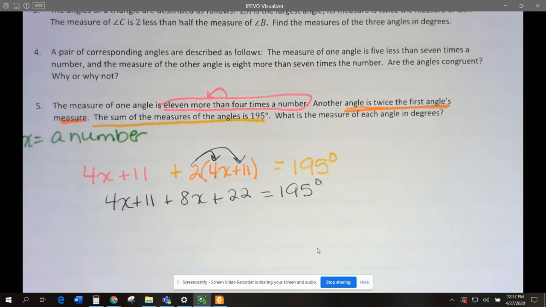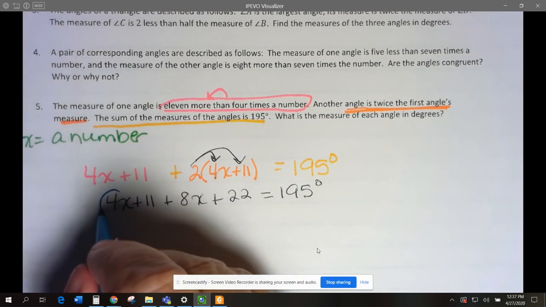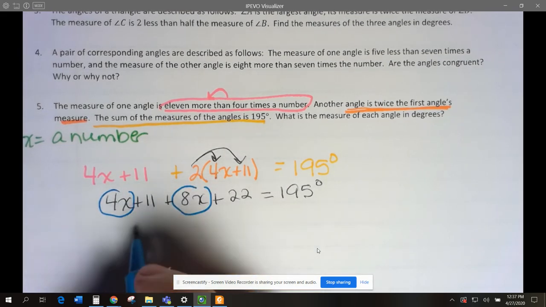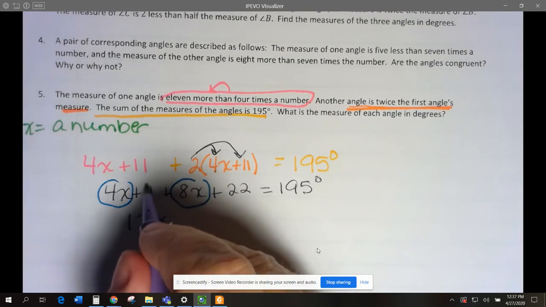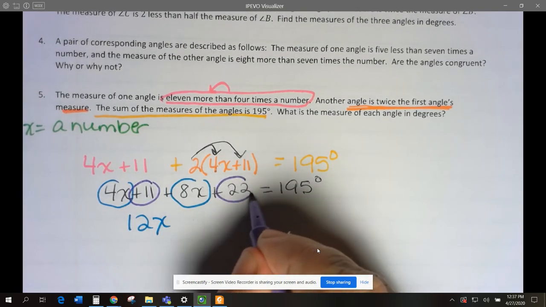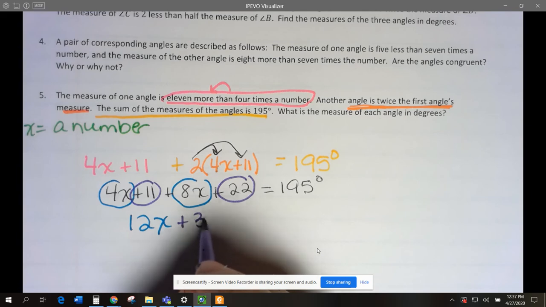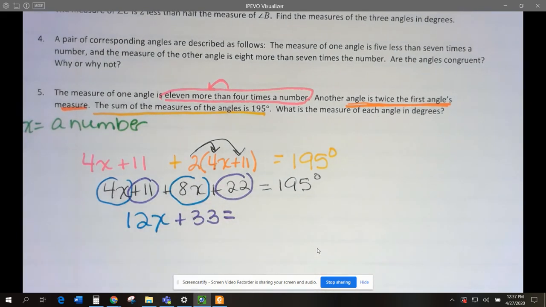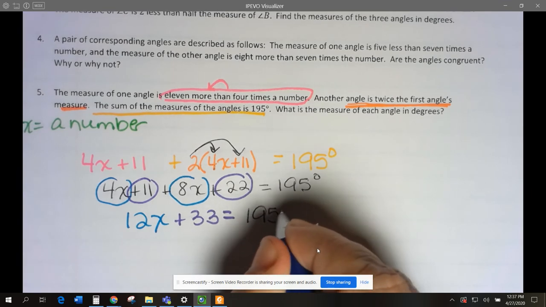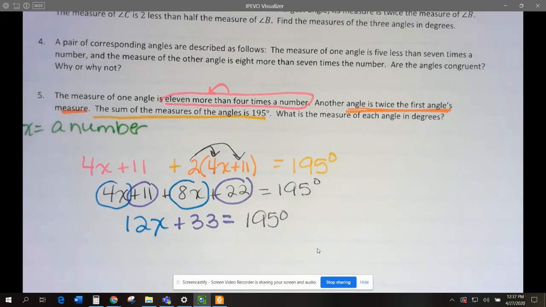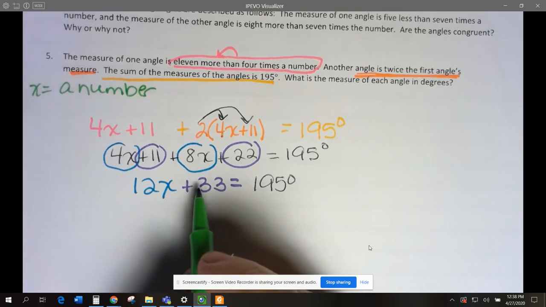Now let's combine our like terms. 4x and a positive 8x gives us 12x. And a positive 11 and a positive 22 gives us 33. And that's all going to equal 195 degrees. So let's take away our 33, right?